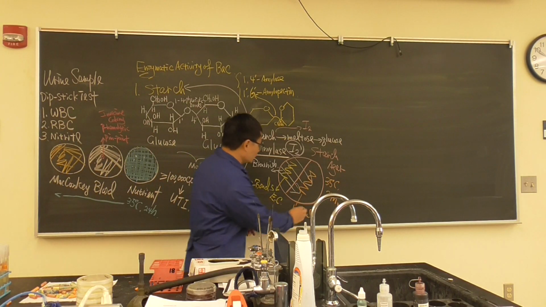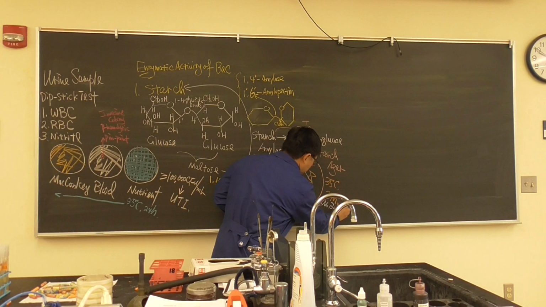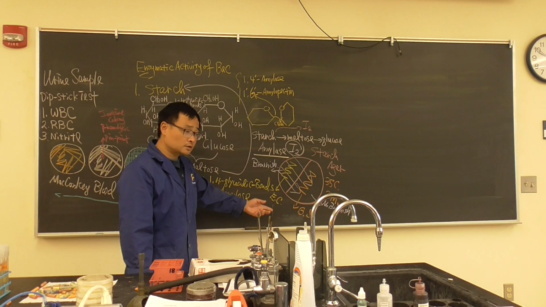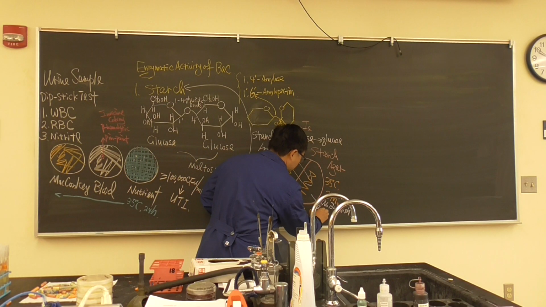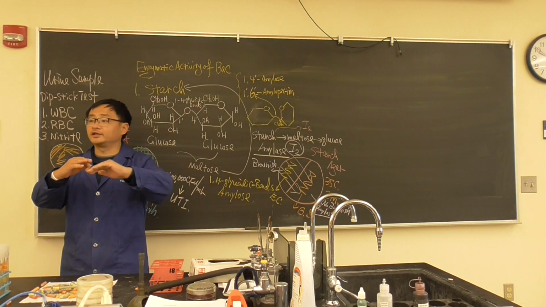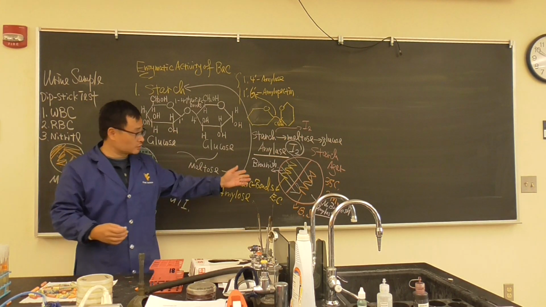If the other side has no brownish color, the starch is gone. What that means is the bacteria has amylase. So that's kind of like negative, positive. Is that right? So that's one of the ways we're going to do it.